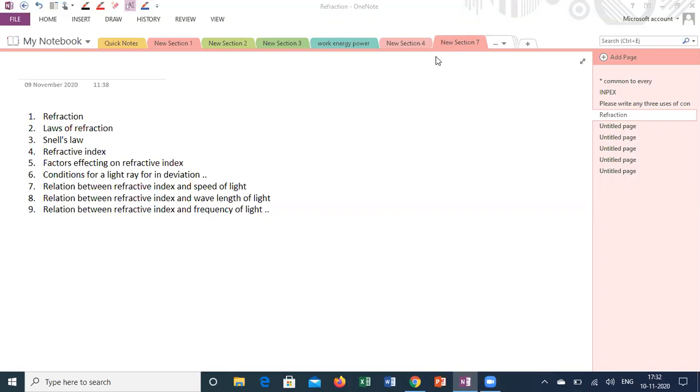Sir, is the fifth question factors affecting or effecting refractive index? Affecting, maybe a spelling mistake.